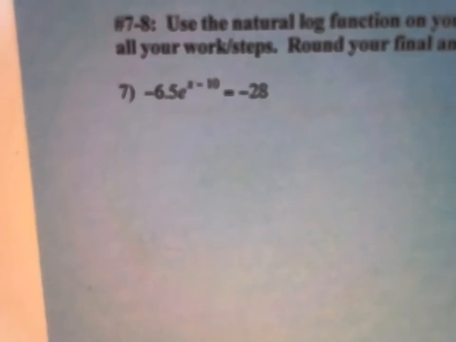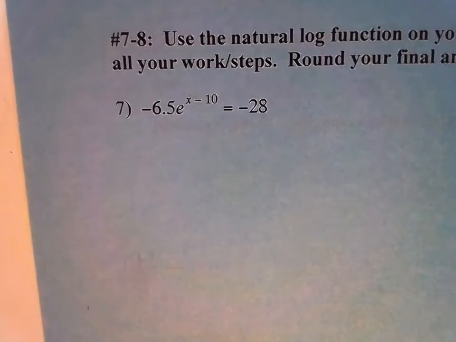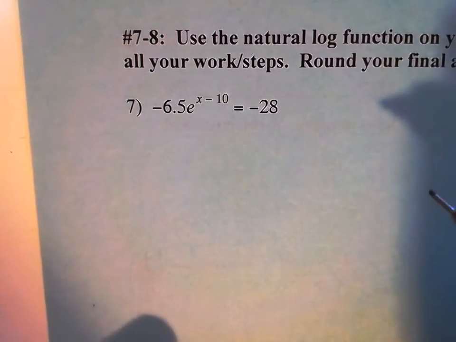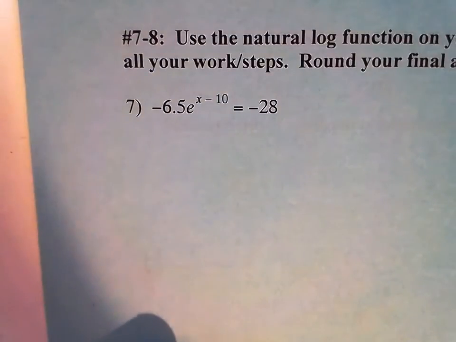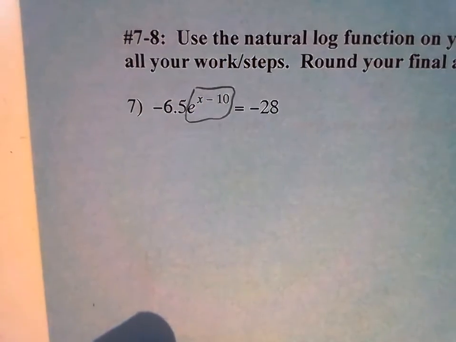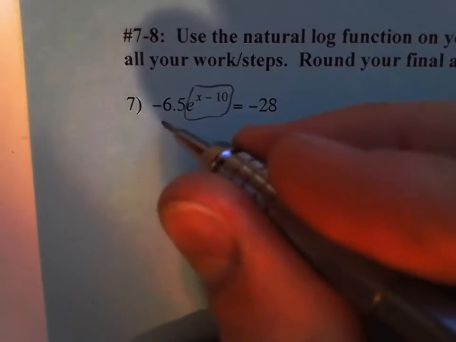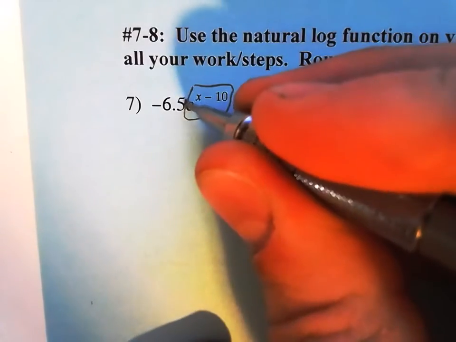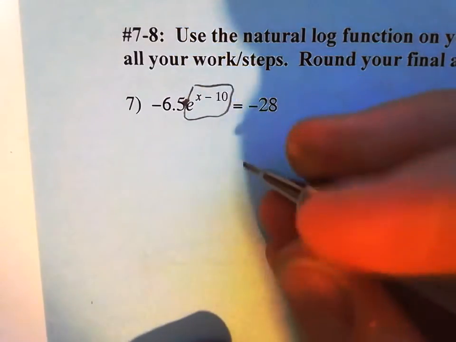Number 7. Okay, to undo e to the power of something, I'm going to have to use natural log. But before I can do that, I need to get this part isolated. Okay, so that's negative 6.5 times e to that stuff.